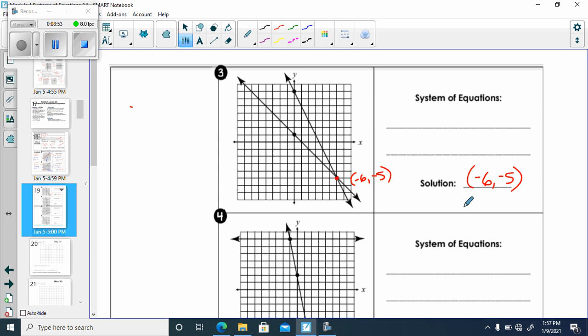Okay? And oftentimes that's as far as they're going to go in asking you to find a solution. Most of the time they will not ask you to also find the system of equations. This particular worksheet does. So let's find them so we can practice finding the linear equation for lines.